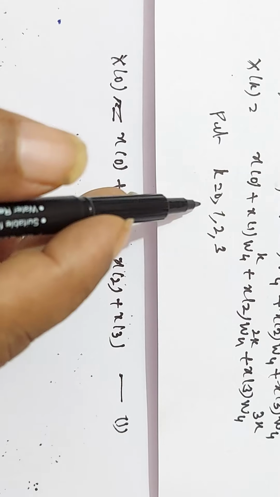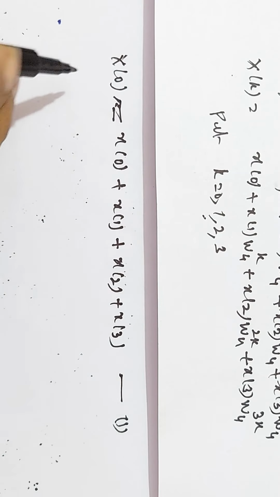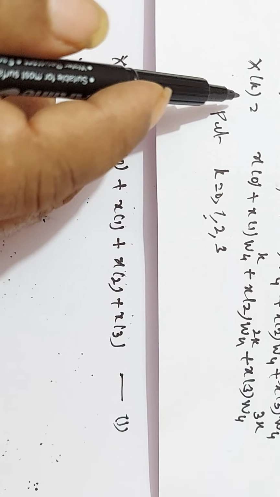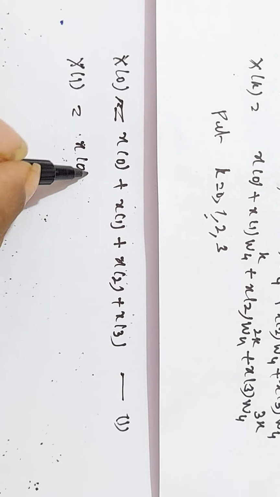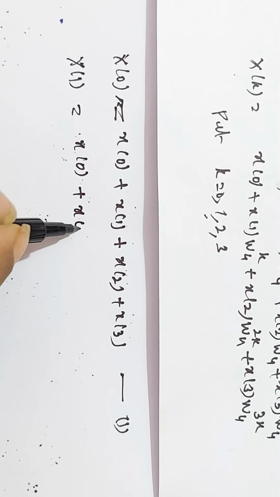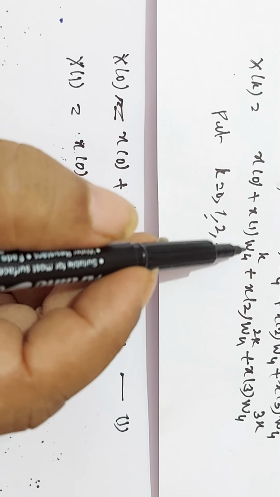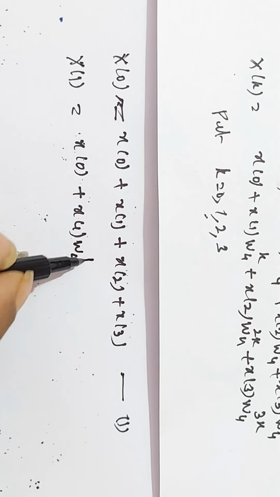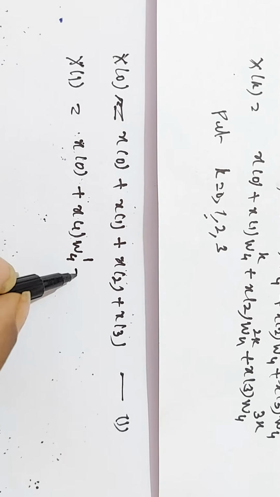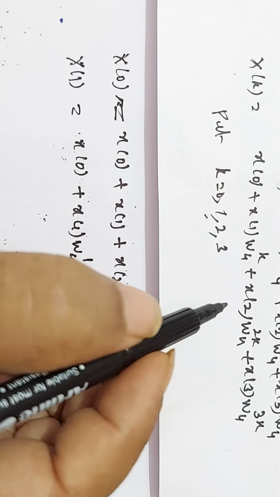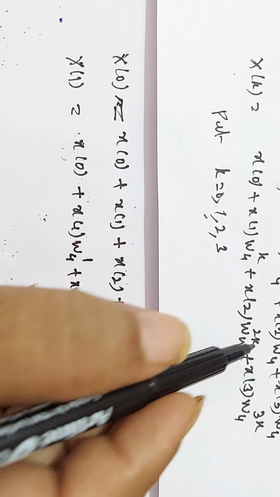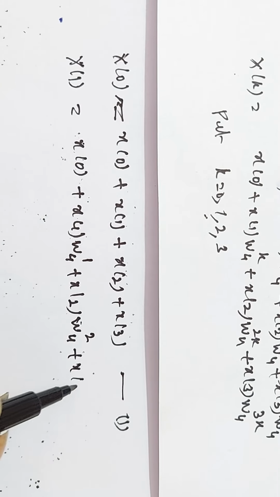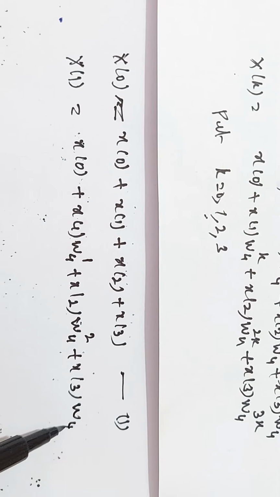Now putting k equals 1 to get the next sample. When putting k equals 1, you get capital X of 1 equals x of 0 as it is, plus x of 1 W4, k equals 1, therefore it is W4 to the power of 1, plus x of 2 W4 2 into 1, k is 1, therefore this is W4 2, plus x of 3 W4.